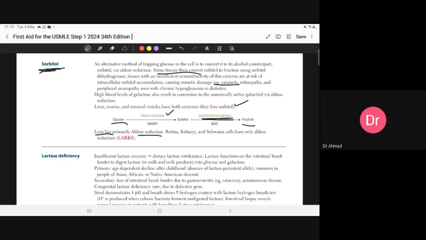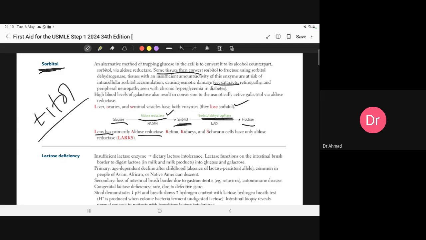It means your lens will accumulate sorbitol, and I told you whatever ends with -itol leads to cataracts. That's why in chronic hyperglycemia you see cataracts in the eyes. Because of sorbitol deposition. Why? Because your glucose was converted into sorbitol, because your lens just has aldose reductase, but not sorbitol dehydrogenase.